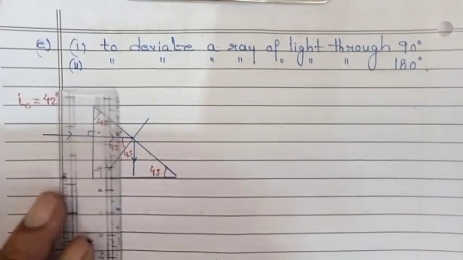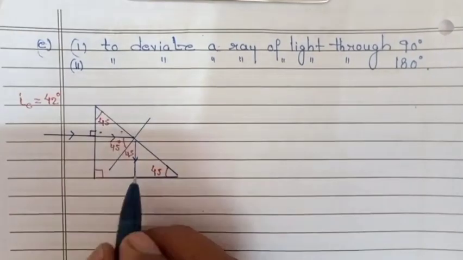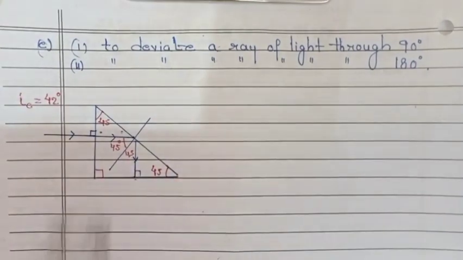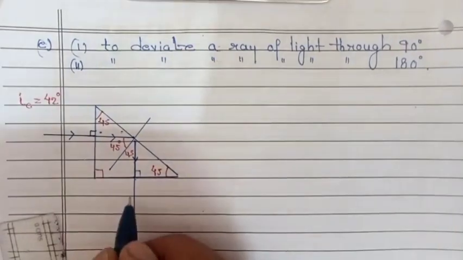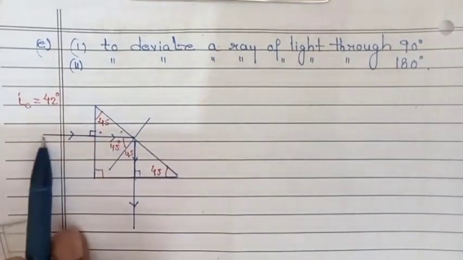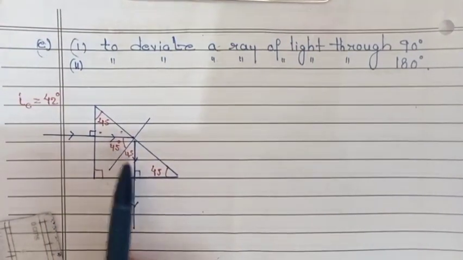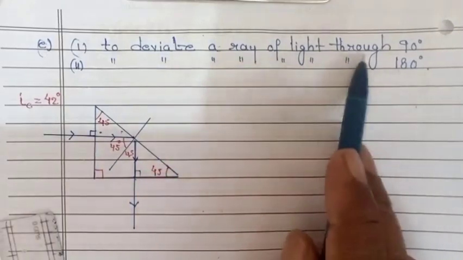Now when this ray directed on this surface reaches this surface, and if you calculate this angle, it comes out to be 90. So this ray will pass out undeviated like this. So here we have shown a ray of light has been deviated through an angle of 90 degree, 45 plus 45, 90 degree. So here this is the first use.